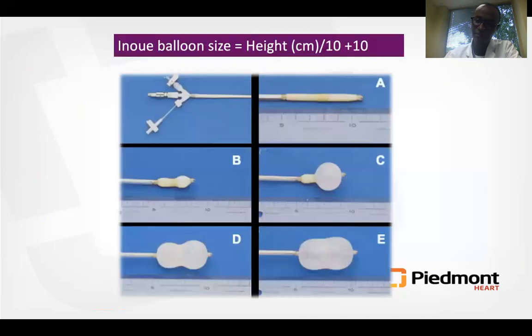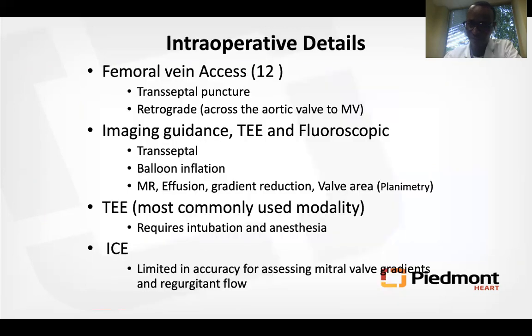Selection is based on height in centimeters divided by 10, plus 10. That will give you a ballpark of the size of the balloon that you need to use. As for intraoperative details, like I said, it's a transfemoral vein access, with transseptal puncture, and imaging guidance is usually with TEE or fluoroscopy.